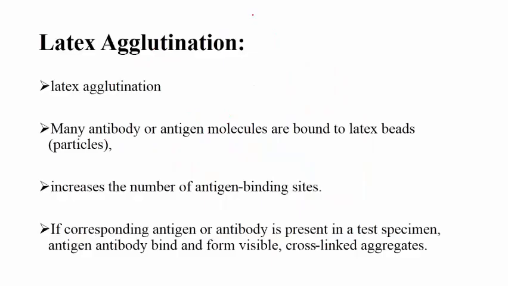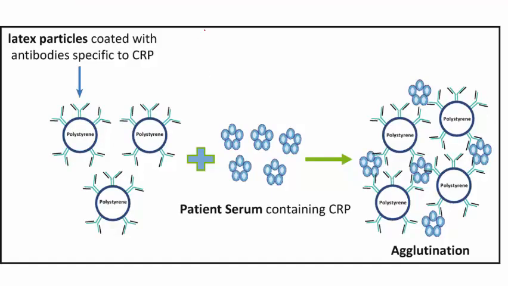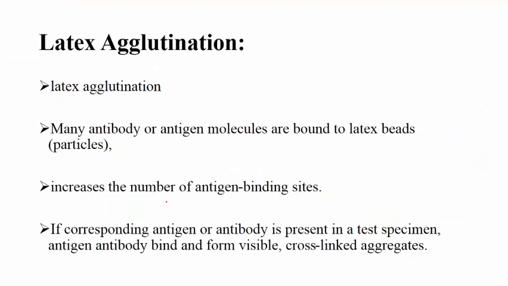There are various types of agglutination. One of the types is latex agglutination. Here, as it is well explained in this diagram, the antibody to be analyzed is attached to a particle called a latex particle.